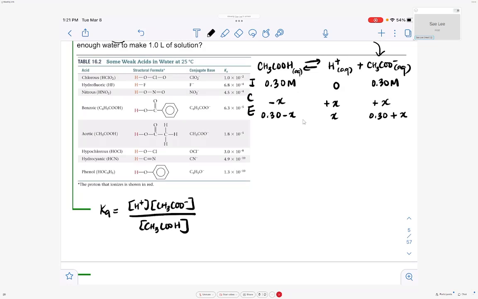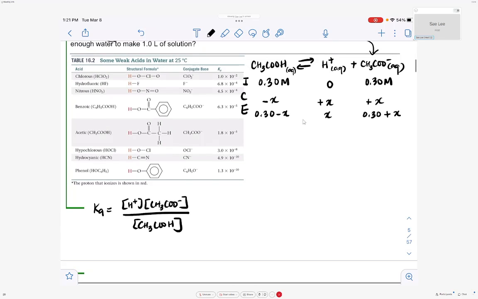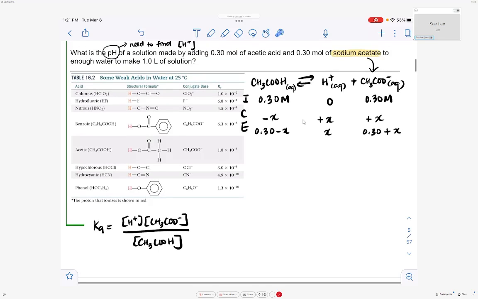So if we plug in the equilibrium expression in terms of X, again, as we did in chapter 16, we will assume that this X is very, very small. And it's going to be even smaller now, right? Because for the weak acid dissociation, we know that the proton concentration is pretty low, but now that we have sodium acetate hindering the dissociation, this concentration is going to be even lower.